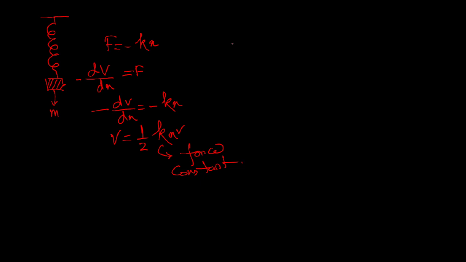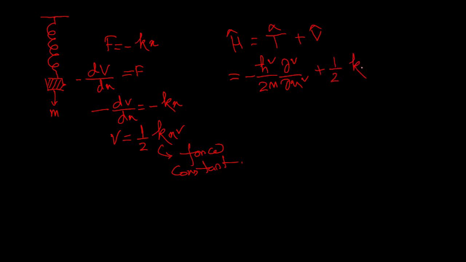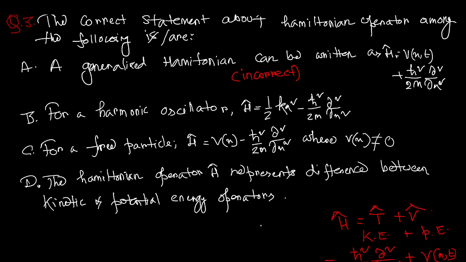As we know, T plus V is the Hamiltonian, so the kinetic energy term is h-bar squared by 2m d2/dx2, and then this term will come, half k x squared. So the second option is correct.